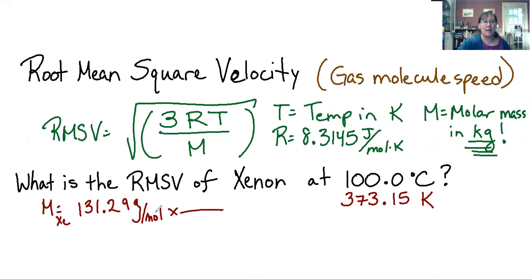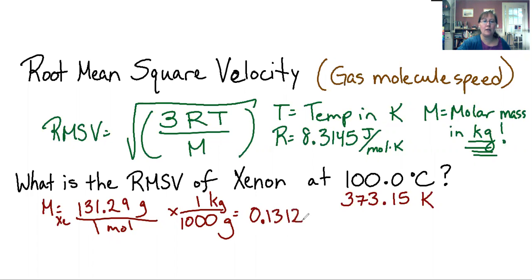So we have 1,000 grams per 1 kilogram, which means that in this case we have 0.13129 kilograms per mole. And you're always going to have to do that in order to do this problem.